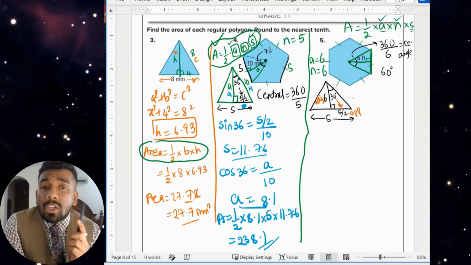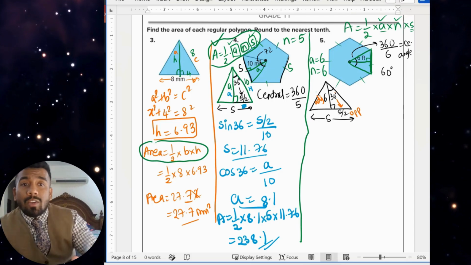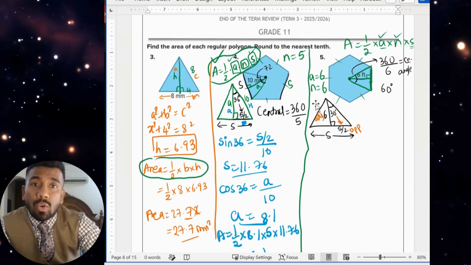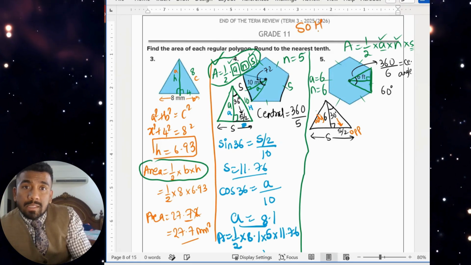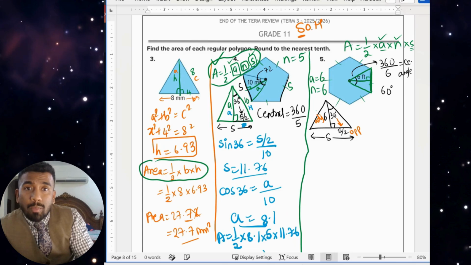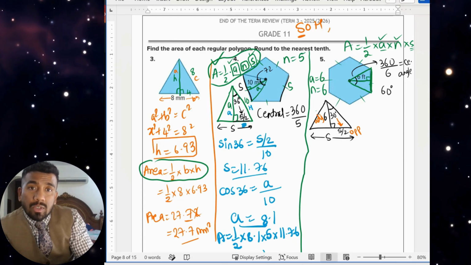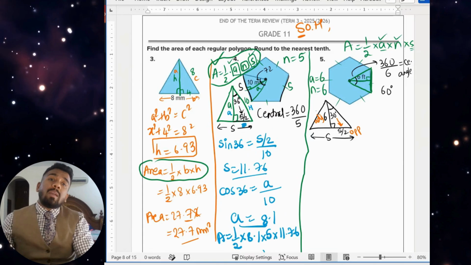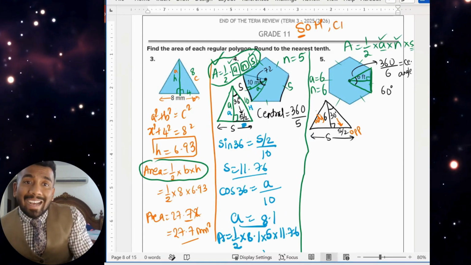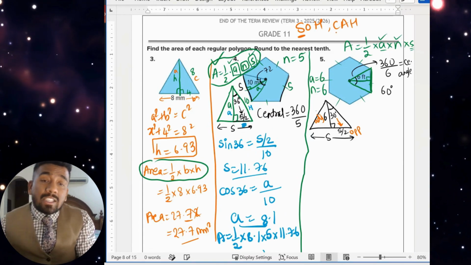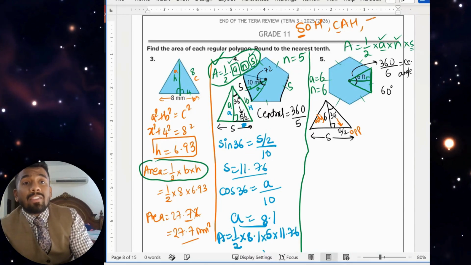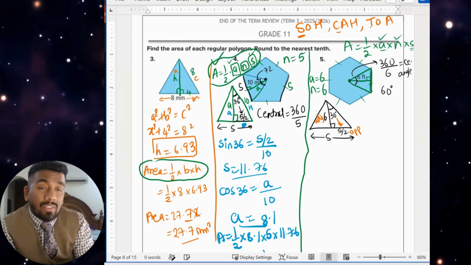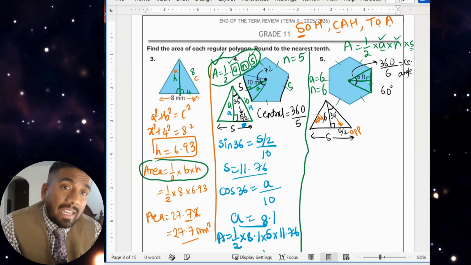Remember I taught you SOH CAH TOA. You have to remember this trick. SOH means sine, that's opposite and hypotenuse. CAH is cosine, adjacent and hypotenuse. And TOA is tan, when you have opposite and adjacent.